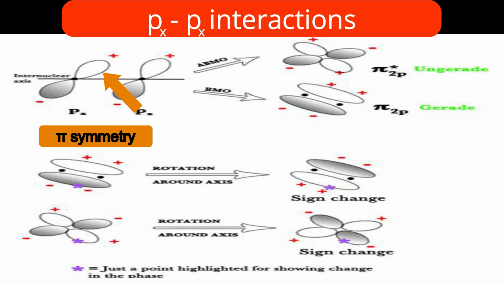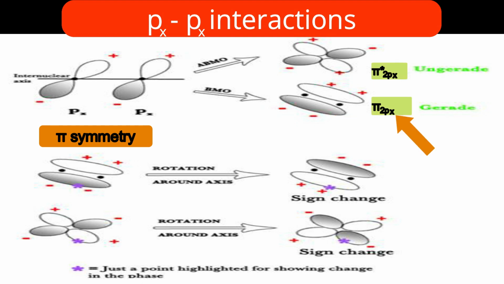They will overlap laterally to produce a large positive phase. And the lobes towards us should both be negative so that they can overlap laterally and produce a large negative phase. So the bonding molecular orbital will have a large positive lobe away from us and a large negative lobe towards us. It is of pi symmetry, so the representation is pi 2px.